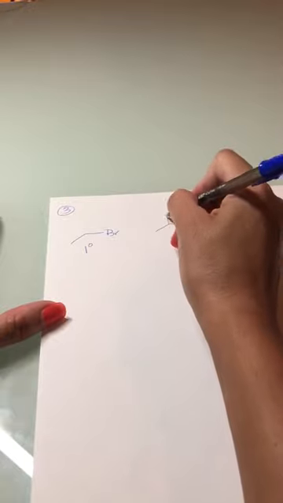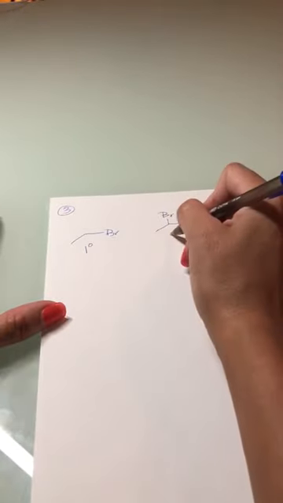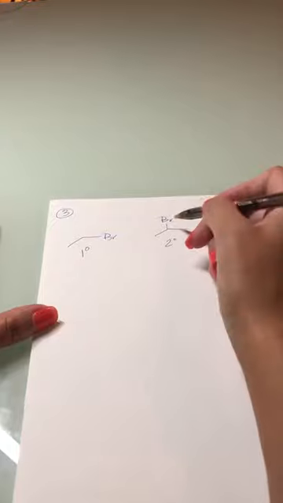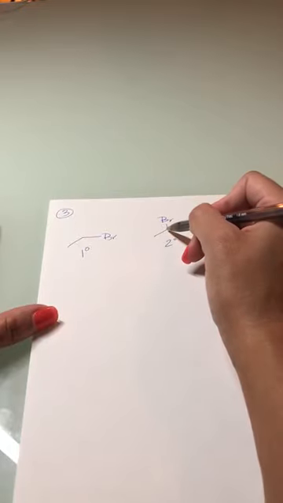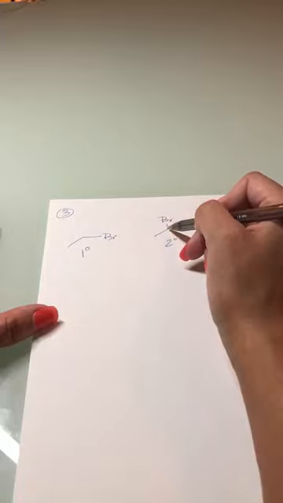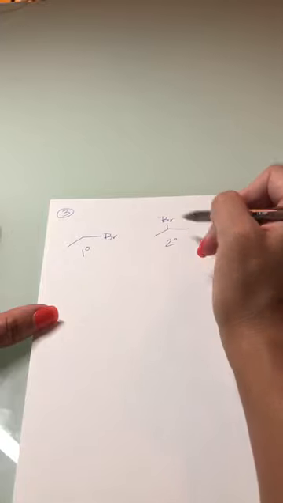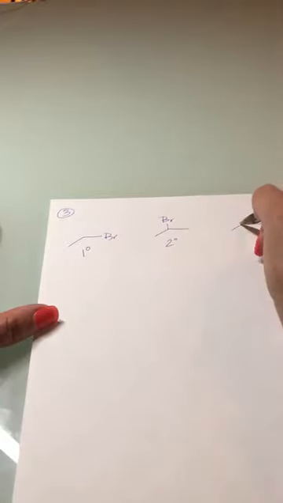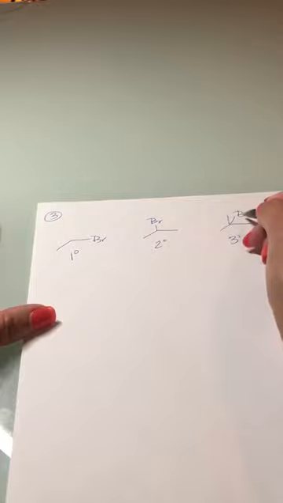What about this one? This one is a secondary haloalkane because the carbon that is directly attached to the halogen is only attached to two carbons. What about this one? This one is a tertiary because the carbon that has the halogen is attached to how many carbons? 1, 2, and 3.